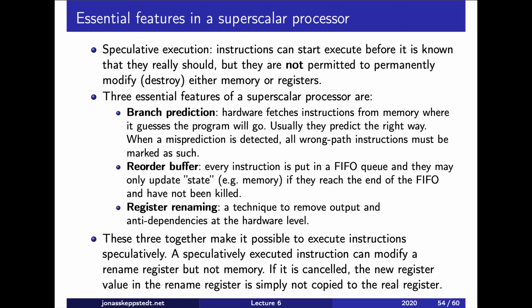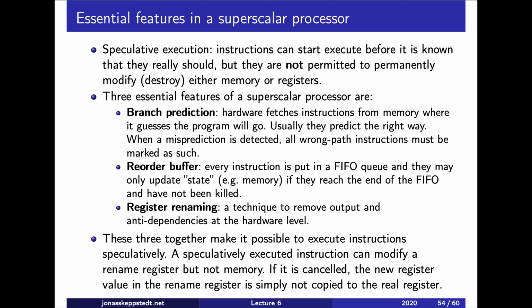And what it does then is to guess it will need instructions from a certain address and just fetches them and starts executing them without knowing that they really should be executed. That will be determined later. Okay? So branch prediction as a concept is trivial to understand. It just guesses where to fetch instructions next.